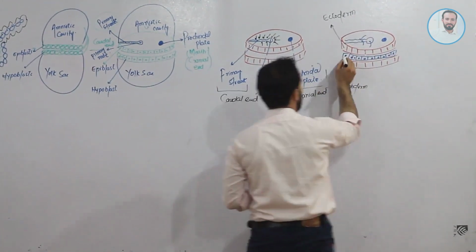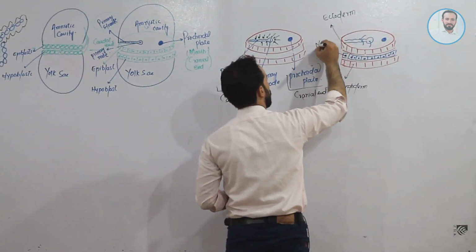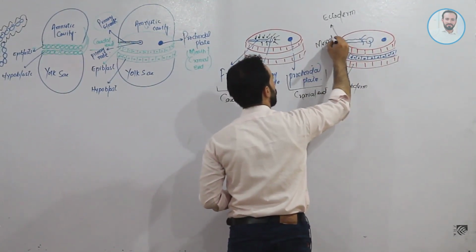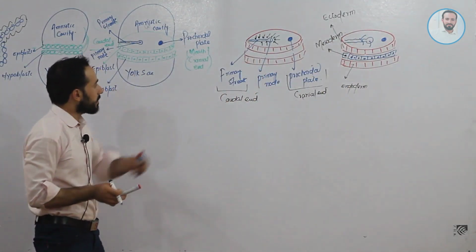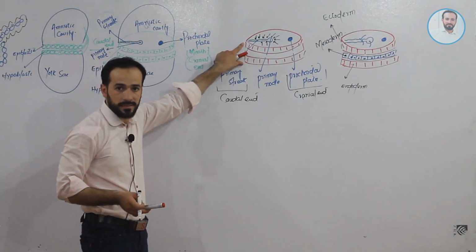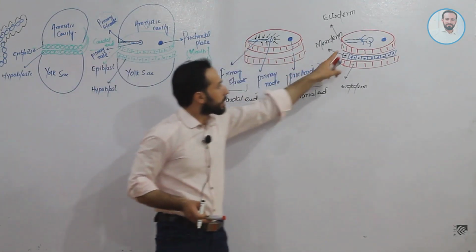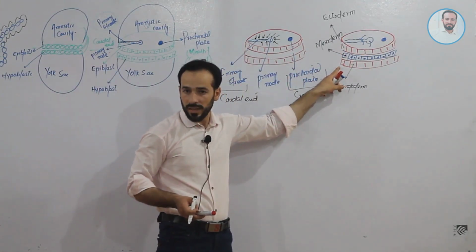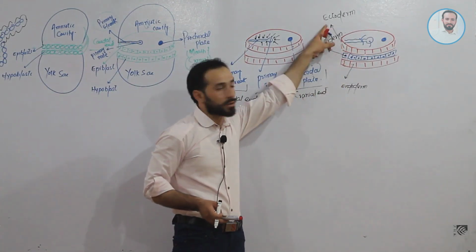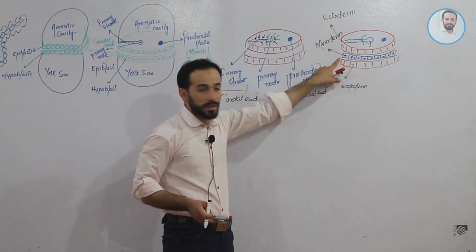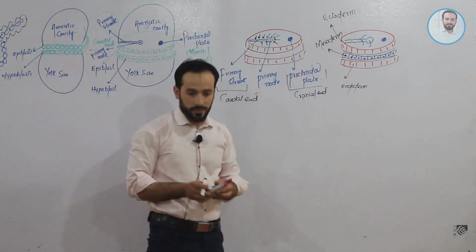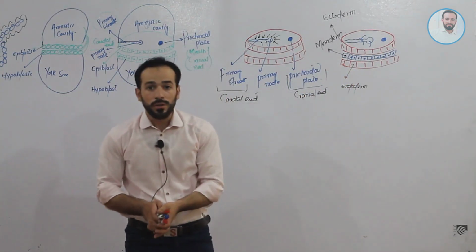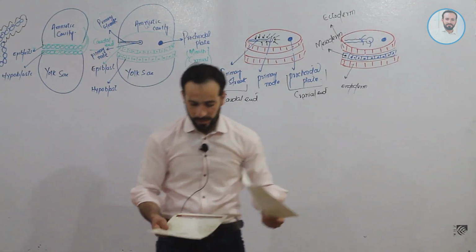And this middle layer is called the mesoderm. Clear, friends? What has happened is that these two layers of cells have converted into three layers of cells. The outer layer is called the ectoderm, the in-between layer is called the mesoderm, and the inner layer is called the endoderm, right? Like this, friends.